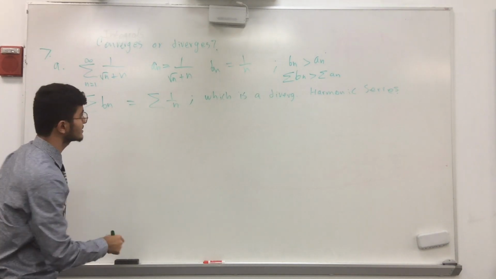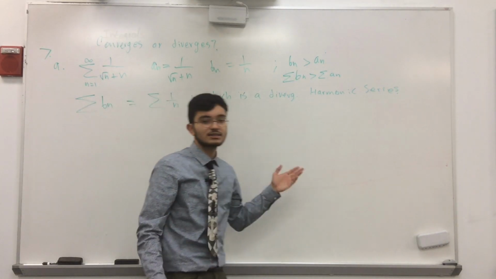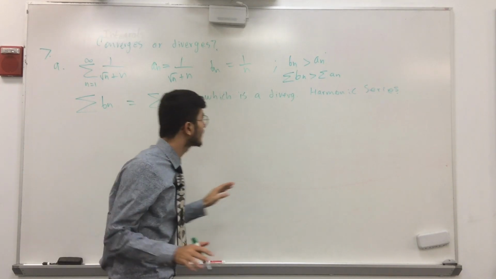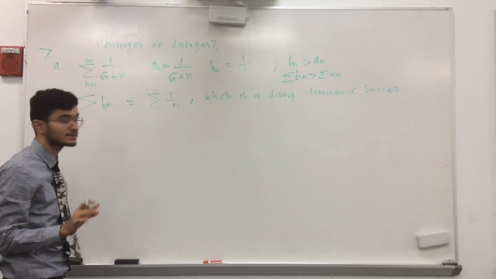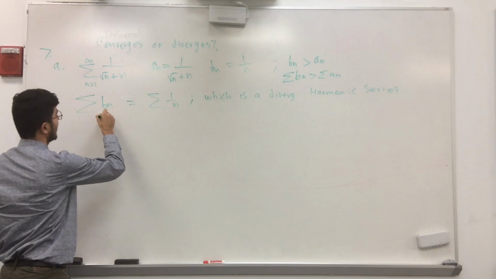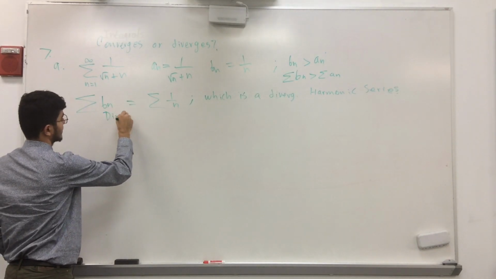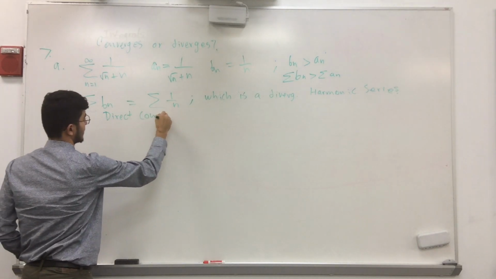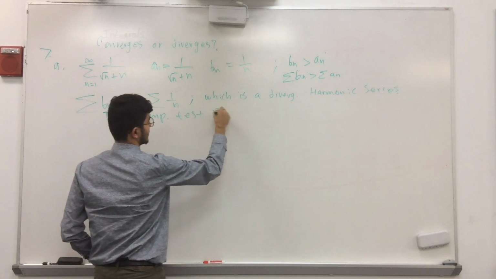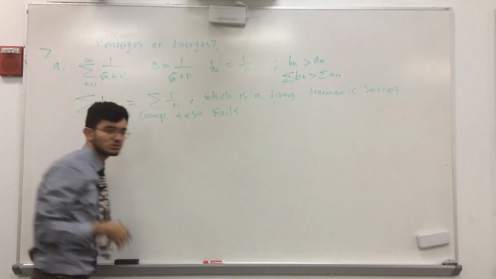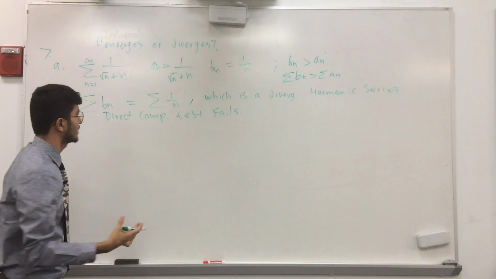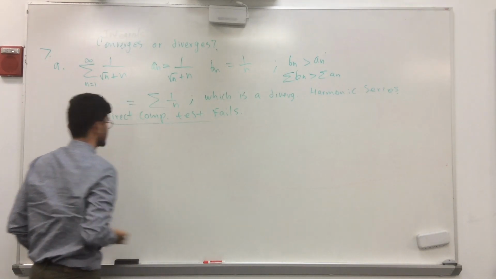Now for the limit comparison test, it does not matter which series is greater. So you could write that the direct comparison test fails, and you use the limit comparison test, which is totally fine as long as you state that the direct comparison test fails.